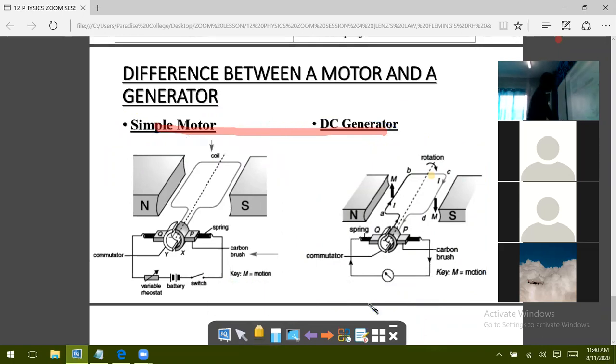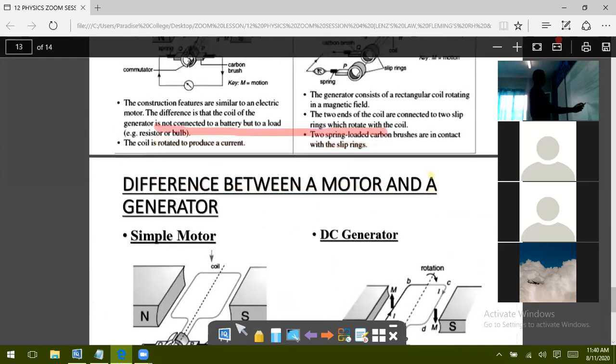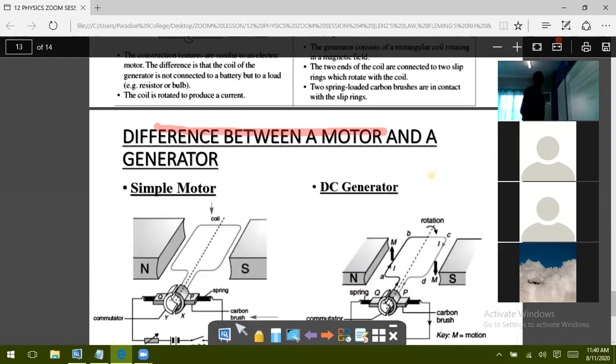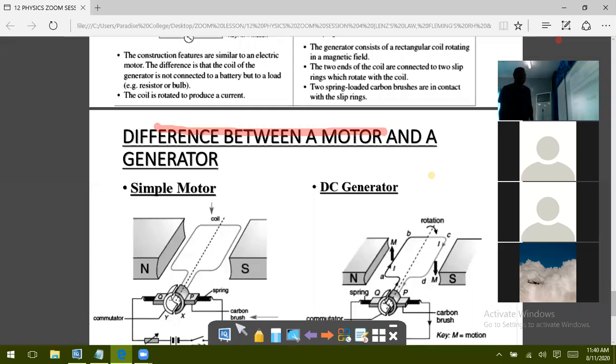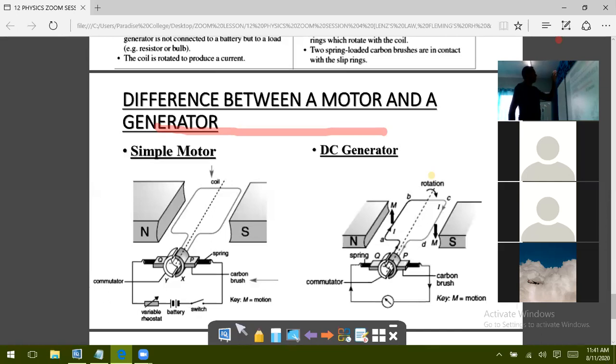That's the difference. We're almost there now. Class, look at this. We're going to stop right here. So when do we use Fleming's left-hand rule?